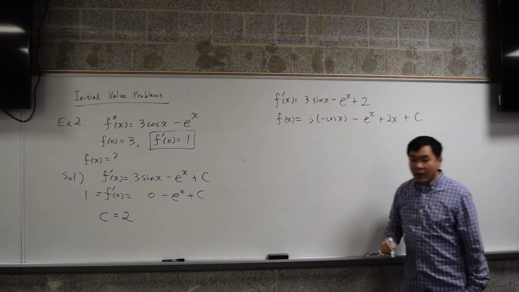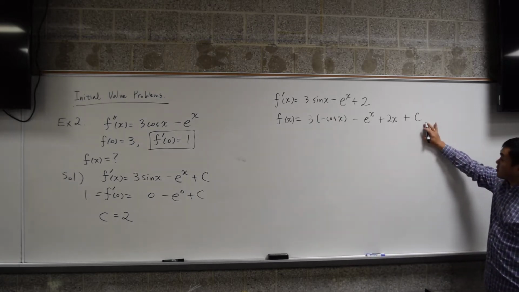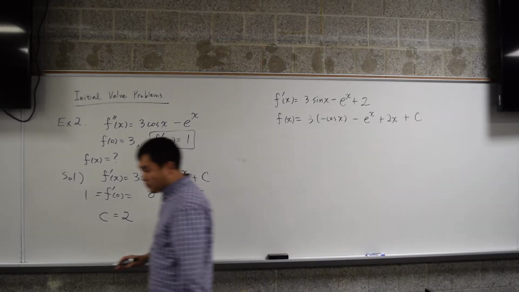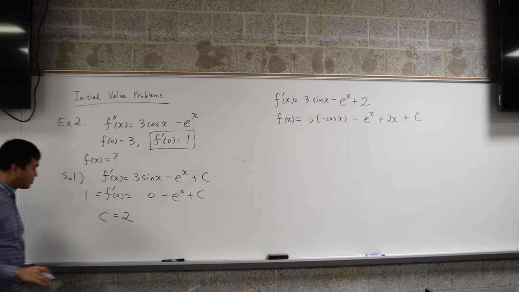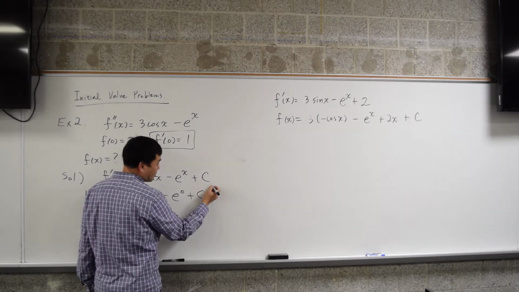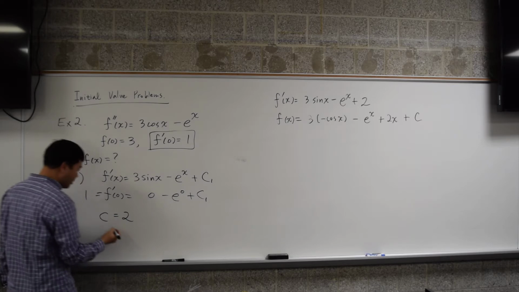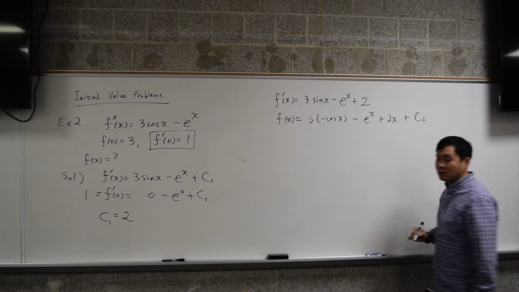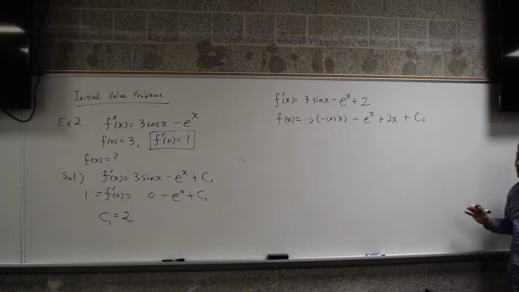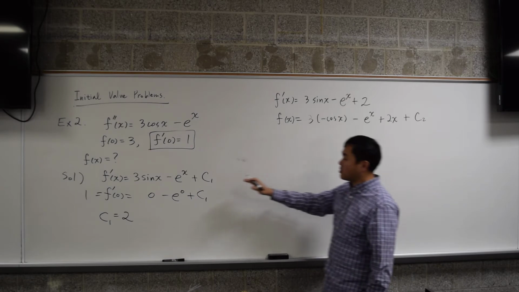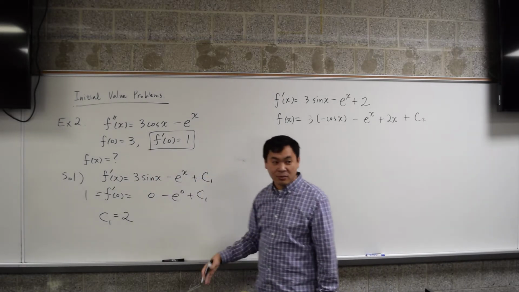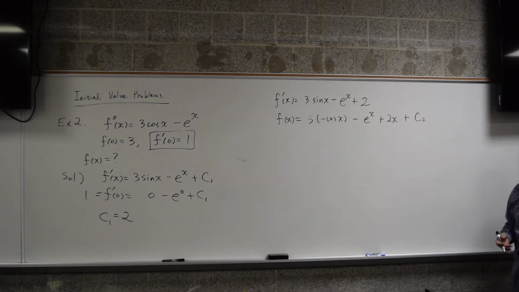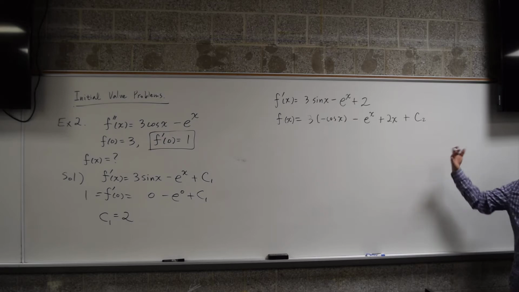Now, actually, this c is, again, any constant, and it has nothing to do with this c, so to avoid confusion, often it's a good idea to put a subscript saying that this is c1, the first of the c, and we'll call this c2. They have nothing to do with each other. Okay? c1 was the constant that appeared when you found the first antiderivative. c2 was a constant that appeared when we tried to find the second antiderivative. Okay? Every time you integrate, you get some constant.